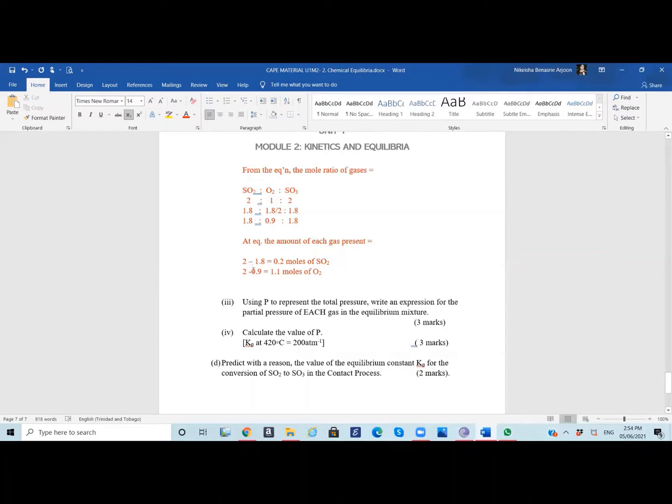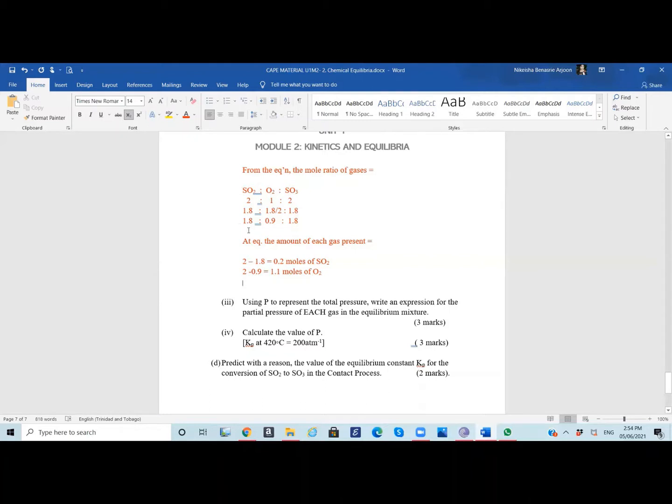You didn't have an initial amount of SO3, you had the initial amounts of reactants. Because remember, SO3 is a product, so you would not have an initial amount of SO3 because that is the product of the reaction. They give you initial amounts of reactants. So if you have initial amounts of reactants, they would react in this ratio to produce a certain amount, which is told by the ratio as well.